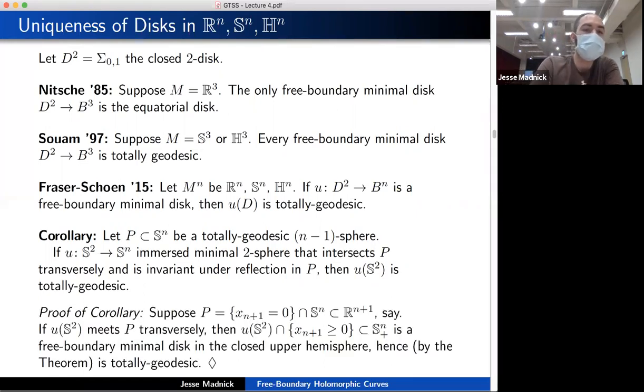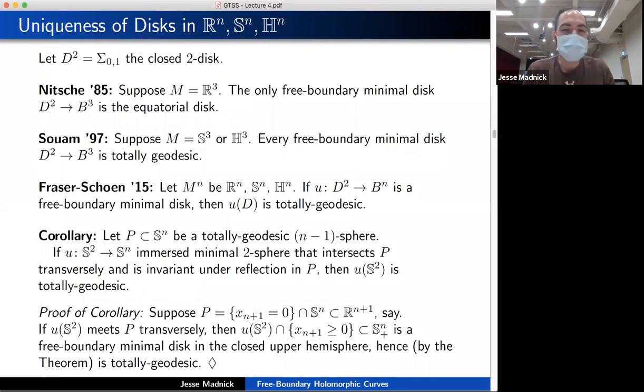Let's just see how the corollary follows from the theorem. Without loss of generality, let P be the intersection of Sn with the hyperplane x_{n+1} = 0. Let's just take that one for simplicity. If U of S2 meets that hyperplane transversely, then the half of it that lives in the closed upper hemisphere is a free boundary minimal disk in the closed upper hemisphere.